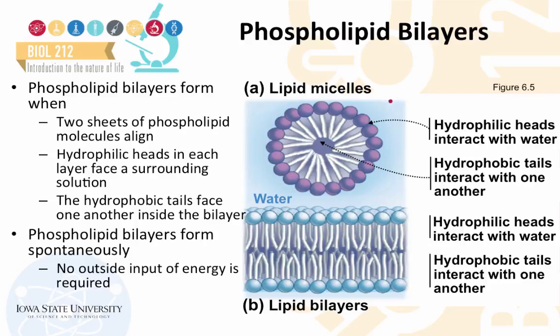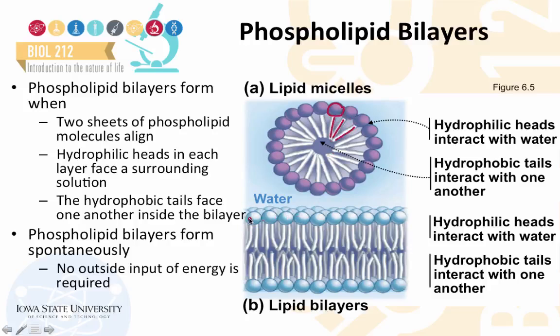In this image, you can see lipid micelles, which are spherical structures consisting of a single layer of phospholipids with their hydrophilic heads facing the aqueous solution and their hydrophobic tails facing the inside away from the water.